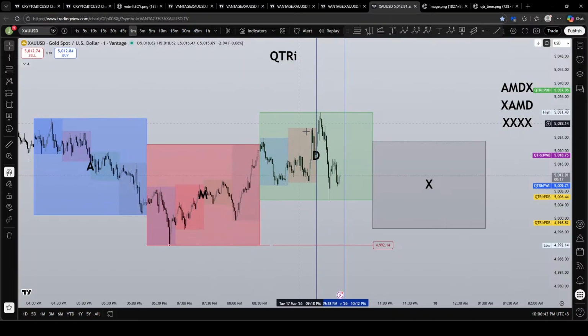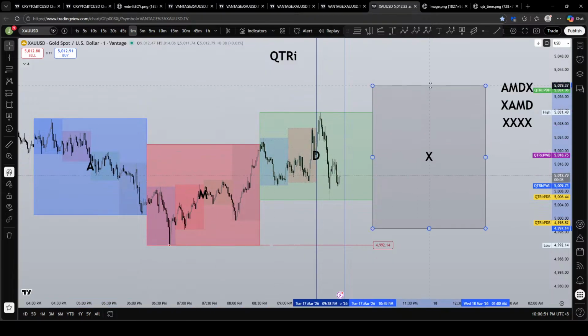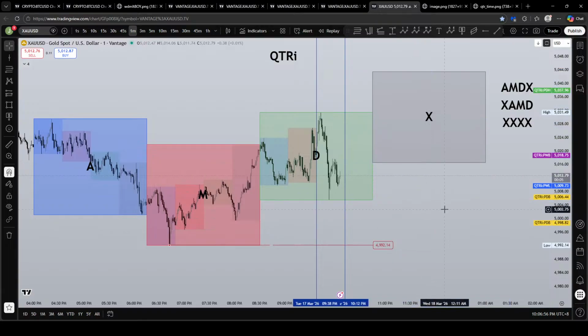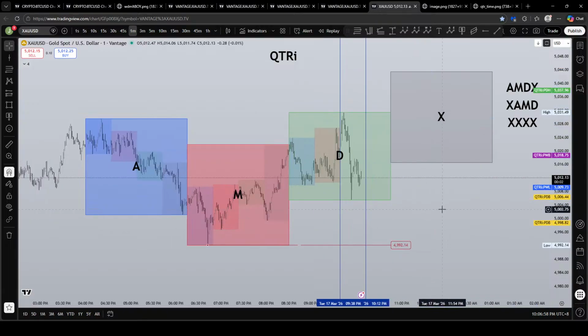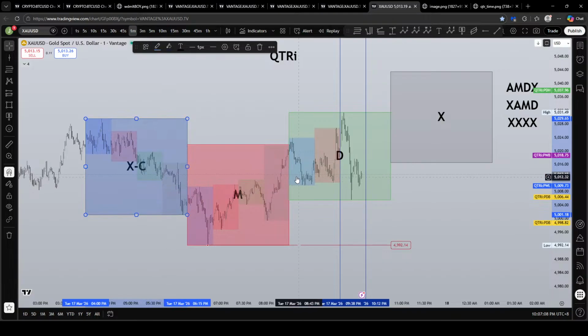Therefore, if this is broken, then the structure, which originally is an AMD, the anticipated structure being AMDX, will be modified or changed into an XA.